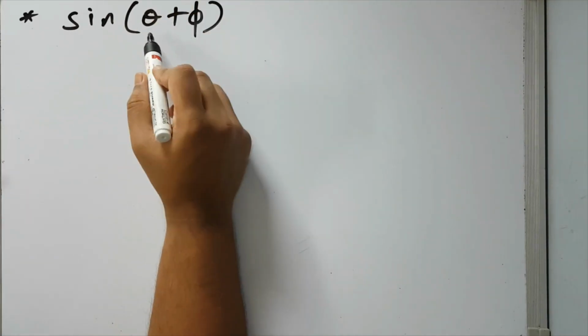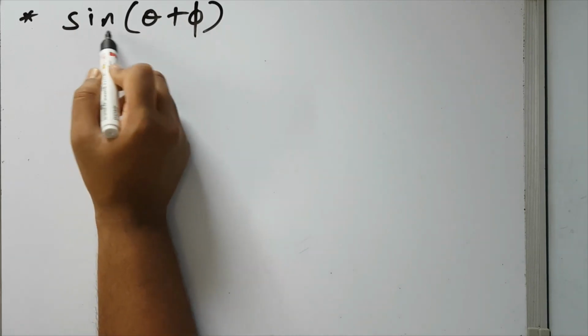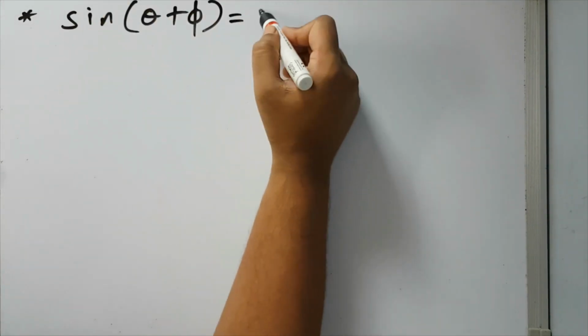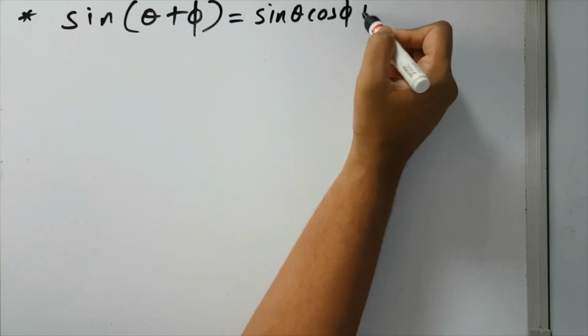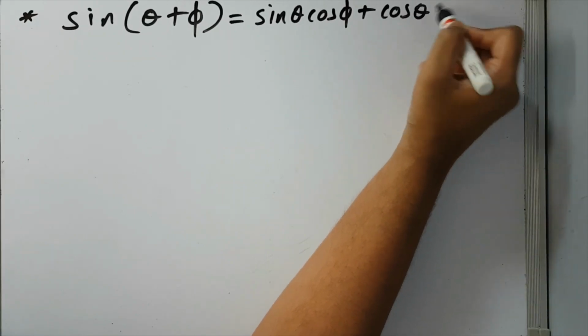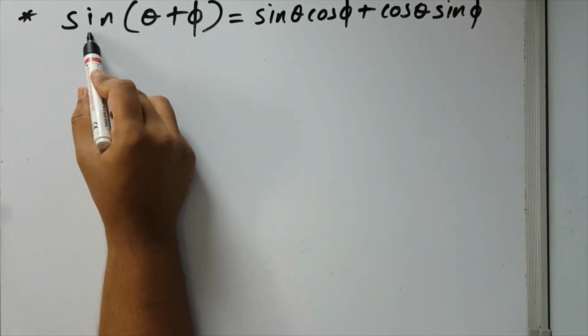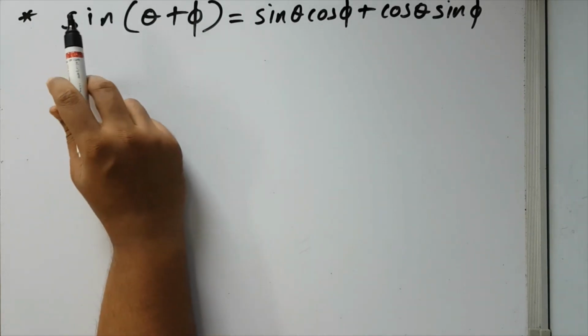Let's say you have two angles summed up and you are supposed to find the sine of that. The formula of this is sine theta cos phi plus cos theta sine phi. Sine theta cos phi plus cos theta sine phi.